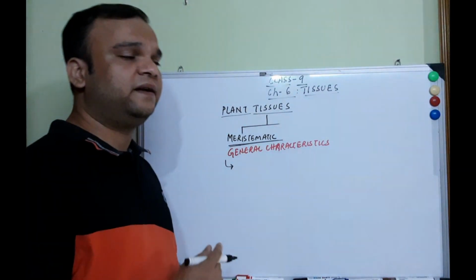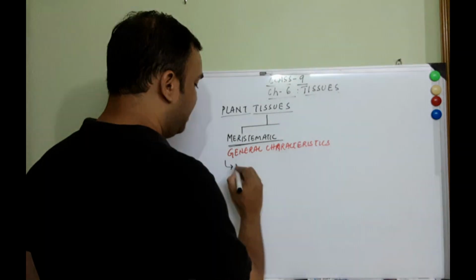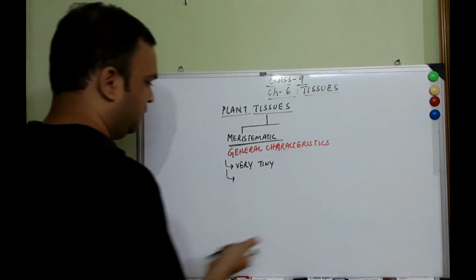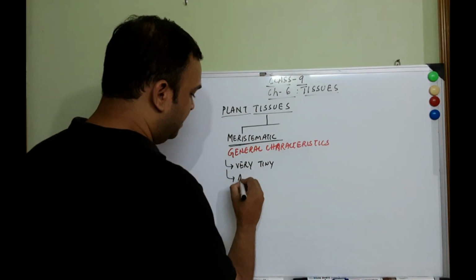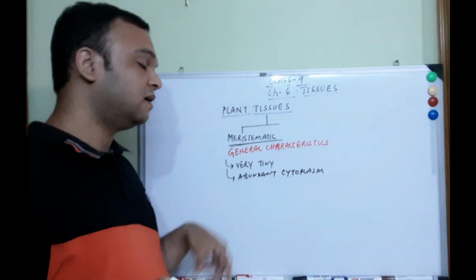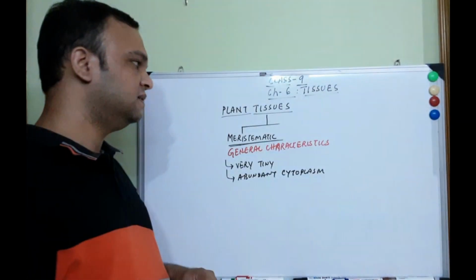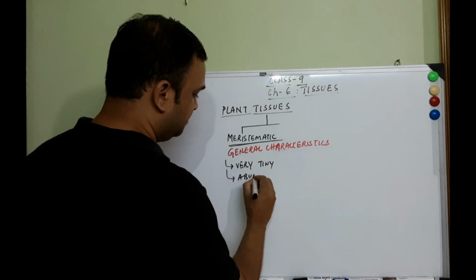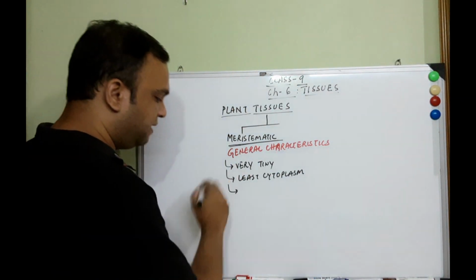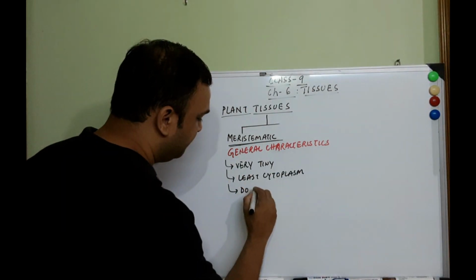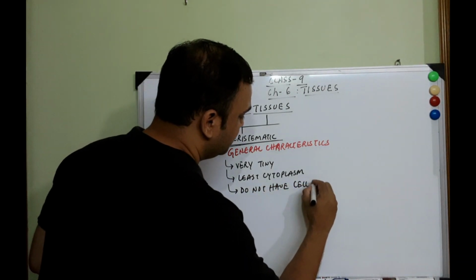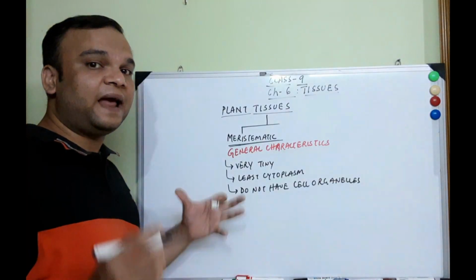The first important characteristic of meristematic tissues: they are very tiny cells, okay. They have abundant cytoplasm, meaning they have a lot of cytoplasm, because they do not have any kind of cell organelles. The next point: they have a nucleus, but they do not have cell organelles, because they do not need any kind of function.